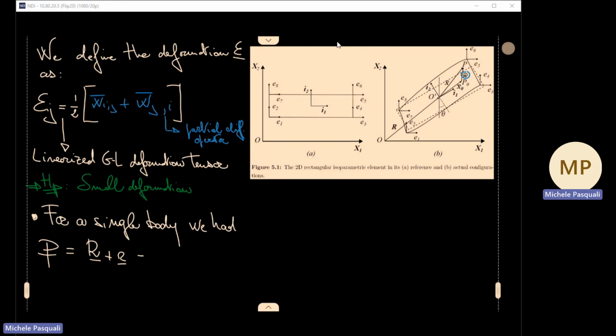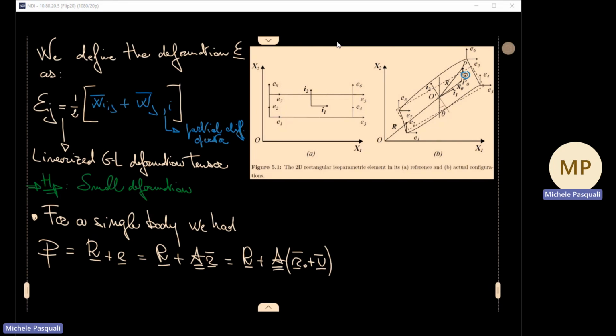And in particular, this could be written as capital R plus A applied over R bar. And this could be further decomposed as R plus A applied over R0 bar plus U, okay?